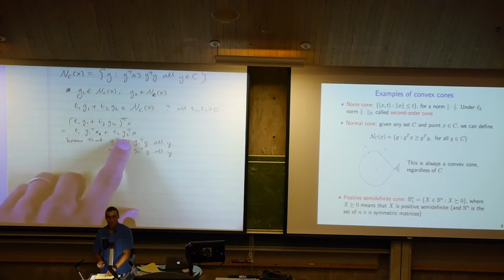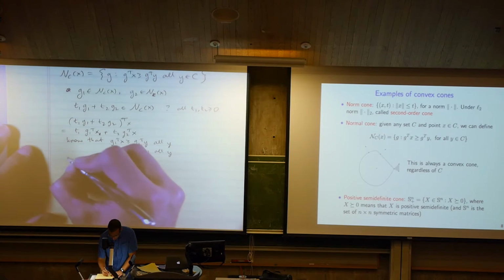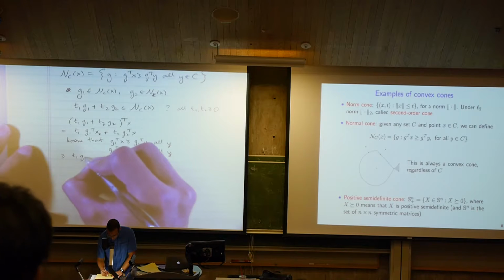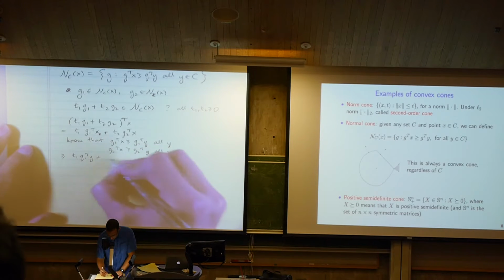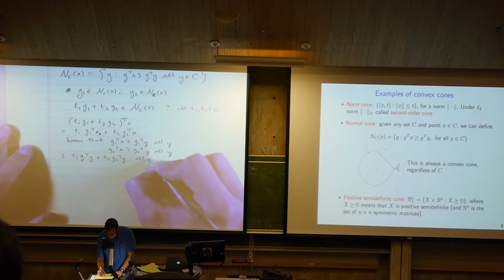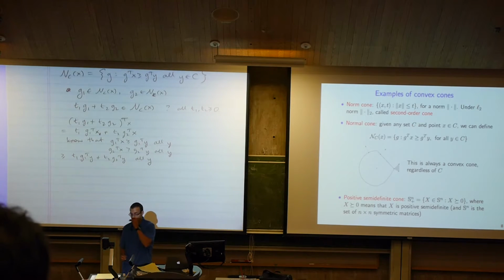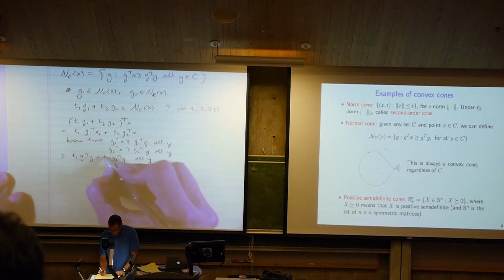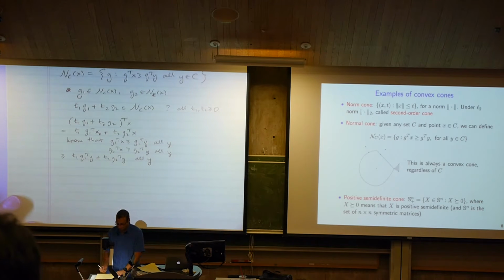And T1 and T2 are non-negative. So therefore this is bigger than or equal to T1 G1 transpose y plus T2 G2 transpose y for all y. It's very important that these two be non-negative. If I allow T to be negative, then one of these would be switched in terms of the inequality.